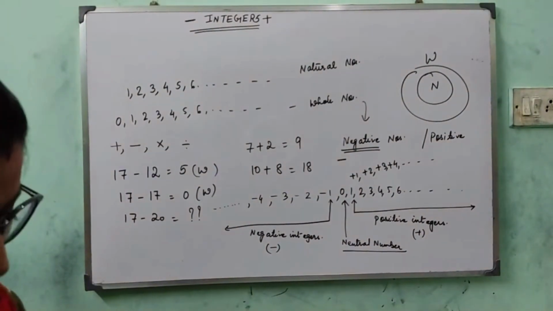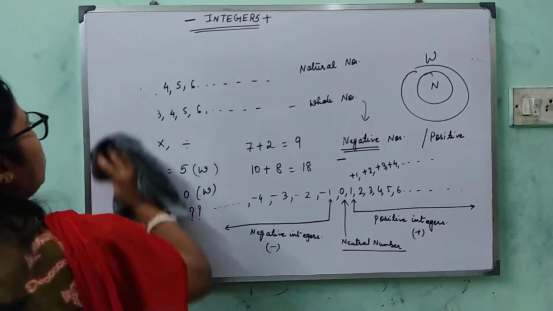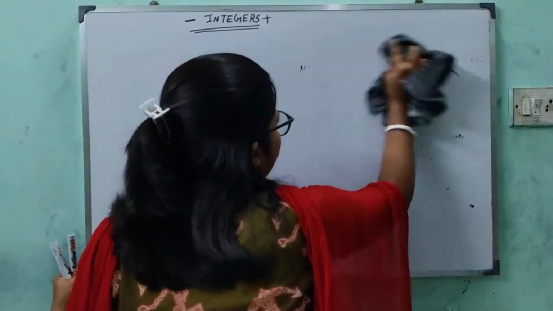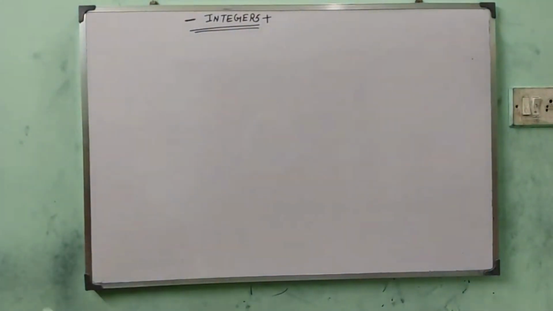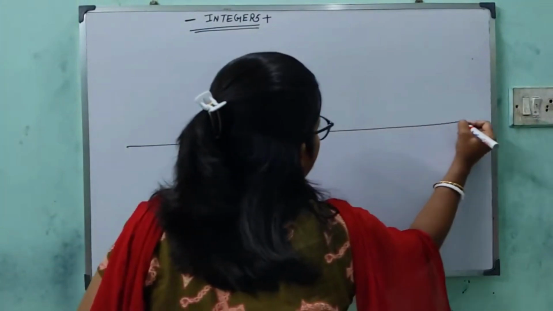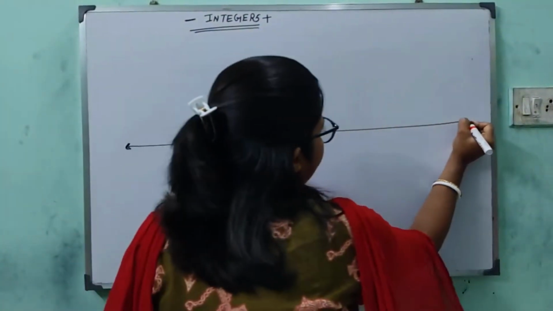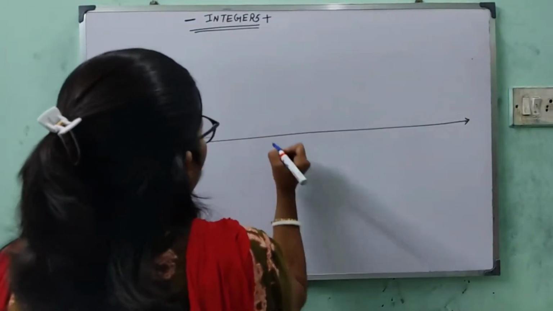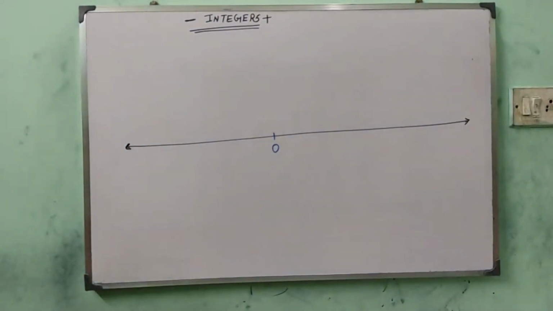Am I clear? Alright, now we all have been doing number lines from very small classes. We have learned about number lines from the smaller classes. So if I draw a number line, you know that these arrows tell you that the number line is extending infinitely in either direction. Now here I am putting the first element as the 0.